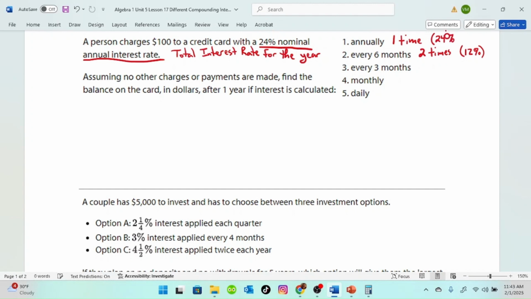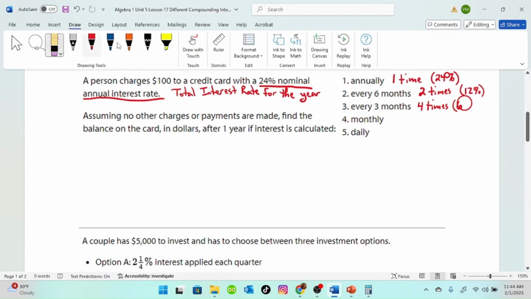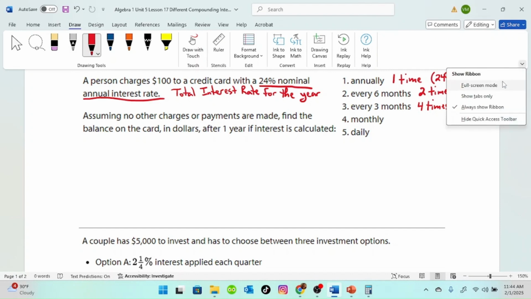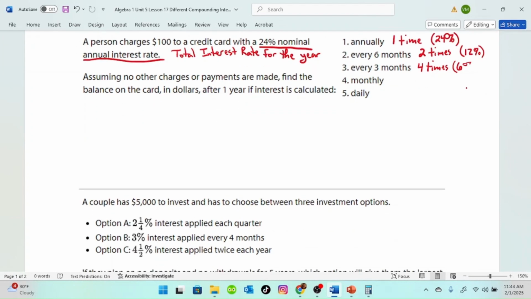Number 3, if they're charging every 3 months, then that's going to be 4 times, and each time will be 6%, so that you have your total of 24% for the year.